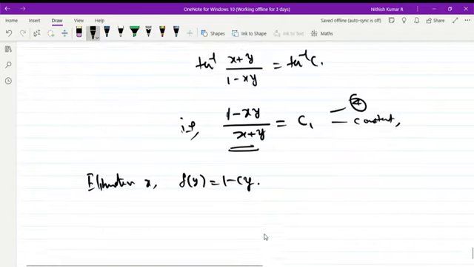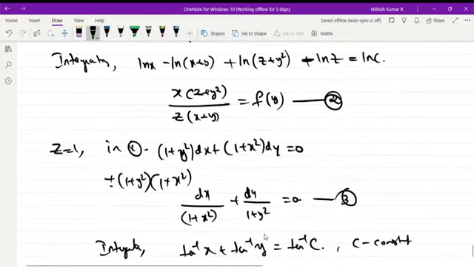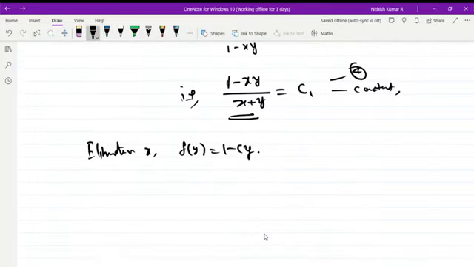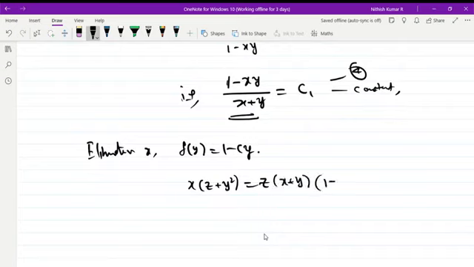Now substituting this in equation 2, we get x into z plus y square equal to z into x plus y into 1 minus c into y. This is the required solution of the given differential equation.